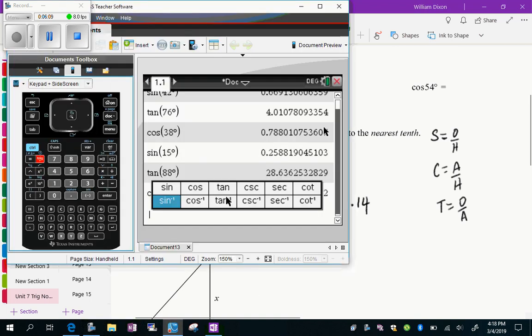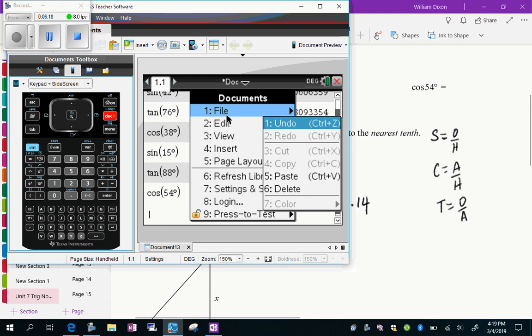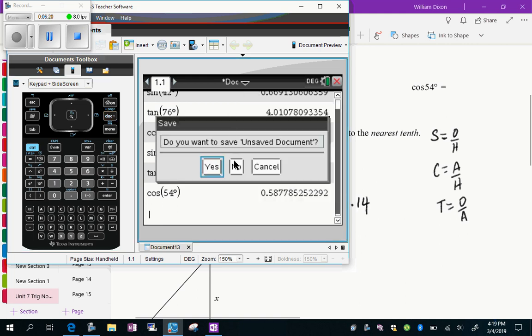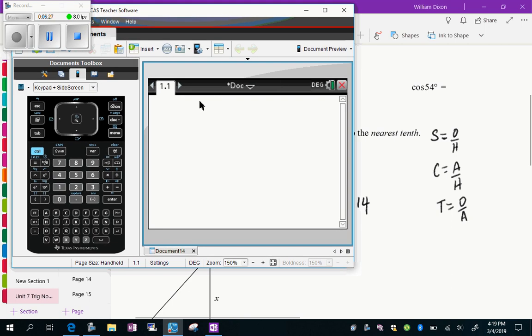So I go back to my calculator. I'm going to type in the cosine.